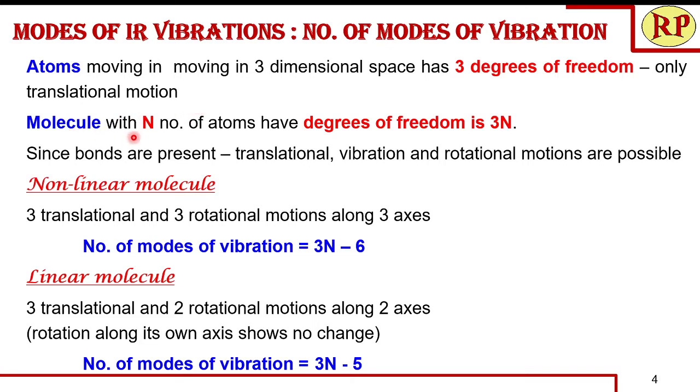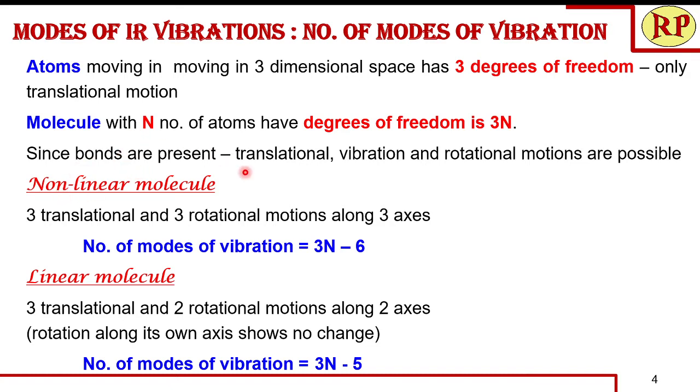But if you have a molecule with n number of atoms, then the degrees of freedom will become 3n. For one atom we have 3 degrees of freedom, so if you have n atoms, it will be 3n degrees of freedom. But here, apart from translational motion, we will also have vibrational and rotational motions because in a molecule, bonds are present.